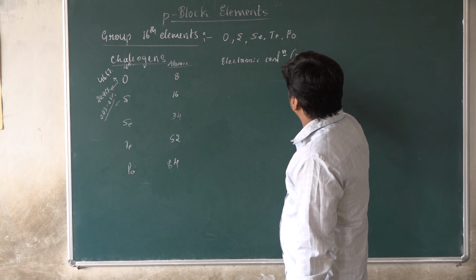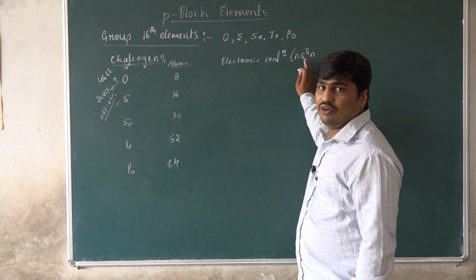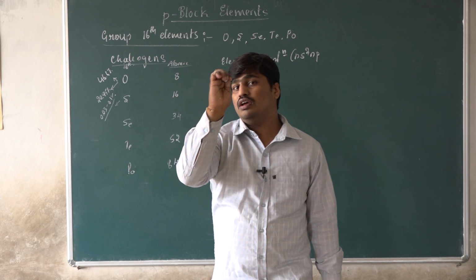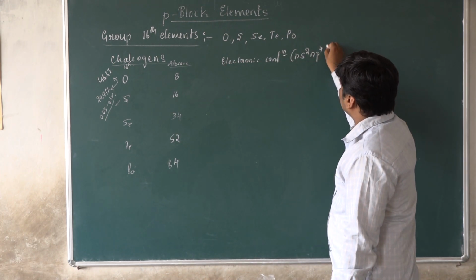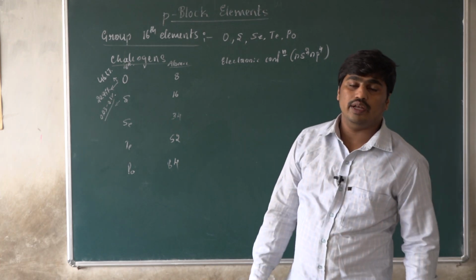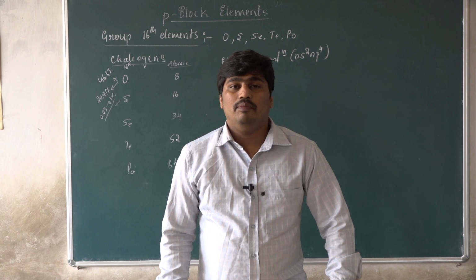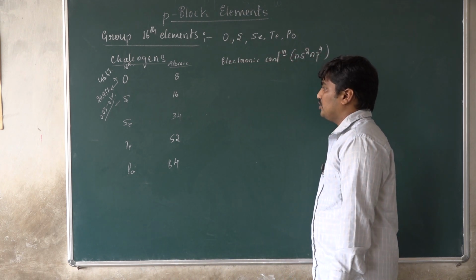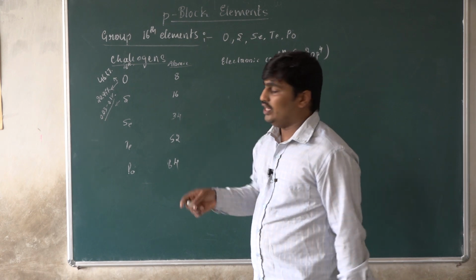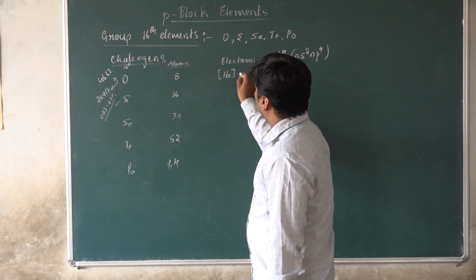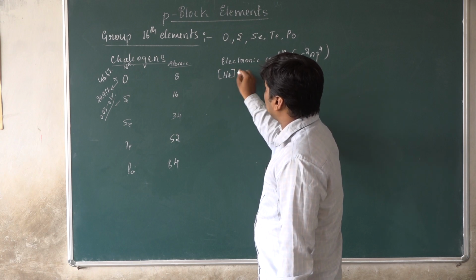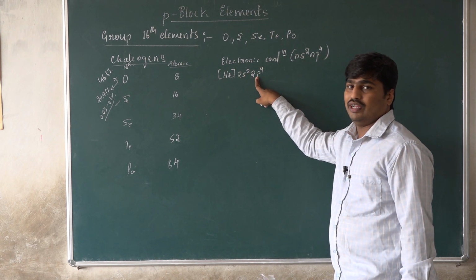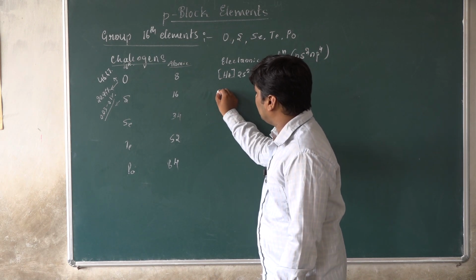The common electronic configuration is ns2, and it is np4 since group 16 is the fourth group of the p block elements (13, 14, 15, 16). So ns2 np4 is the common electronic configuration of group 16 elements. Now for each one: oxygen is helium core, 1s2, now 2s2 2p4; 2 plus 4, 8, atomic number is 8. Correct.